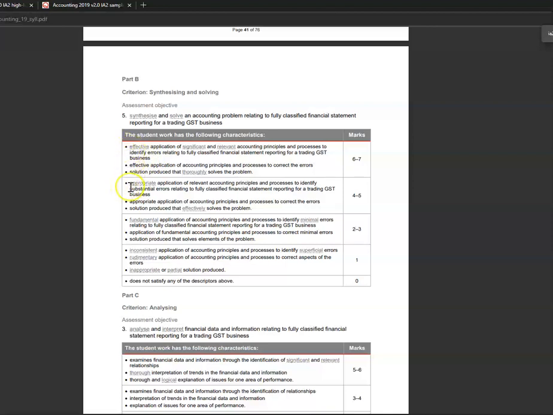Instead of effective, we're talking about appropriate, and it's still relevant. And we're finding that it identifies substantial errors. So you're finding most of the errors at that next level.